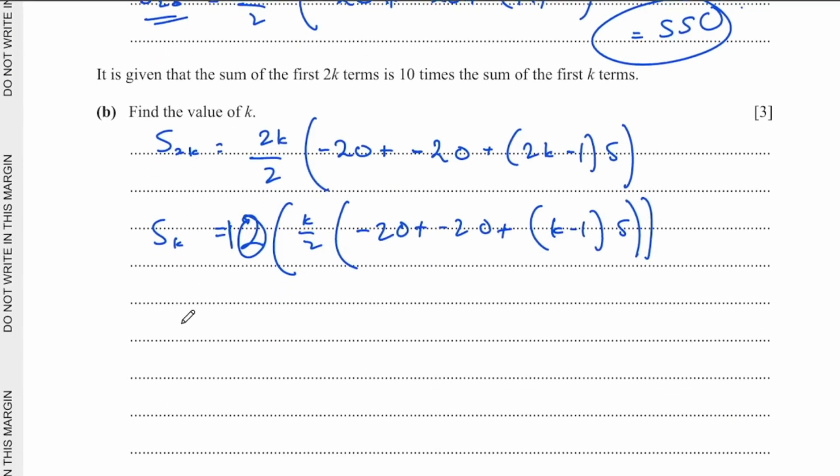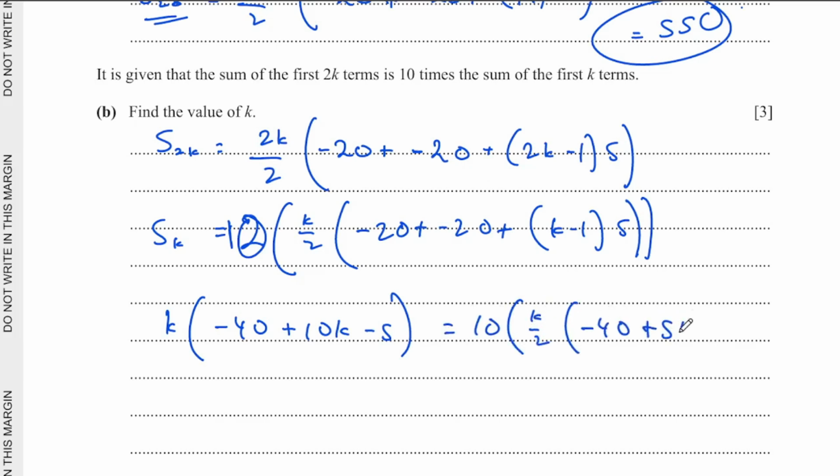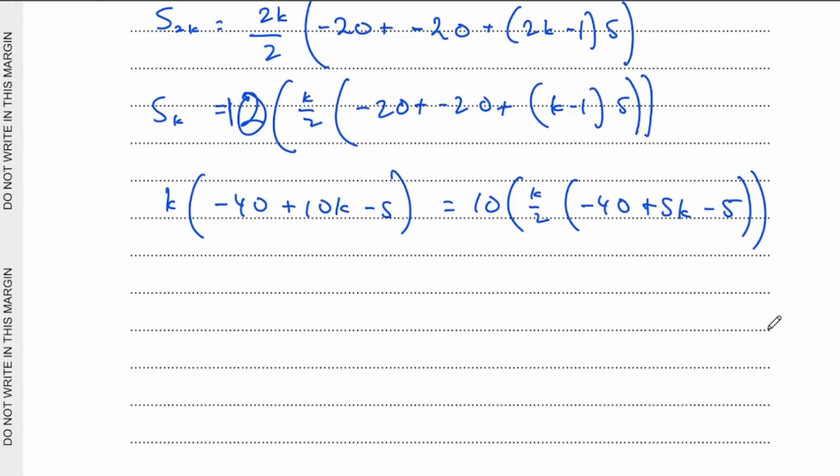So let's just do this here. The first one, k, open bracket, negative 40 plus 10k minus 5, right, equals 10 k over 2, negative 40 plus 5k minus 5. Let's just open our brackets here.